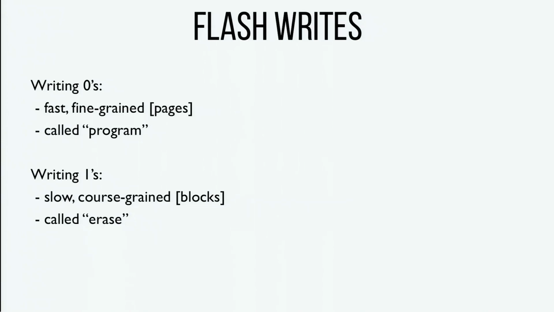Remember, pages fill up blocks. So you can write zeros to individual pages. But then if you want to rewrite that, you have to erase a whole block and fill it up with ones again. So this is a much different interface than what we saw for disks, where you just wrote whatever you felt like writing to a sector of a disk. Here you have to erase a block and then write a page back there.